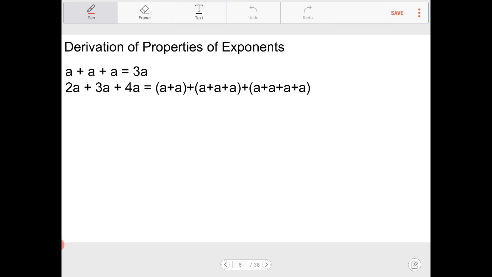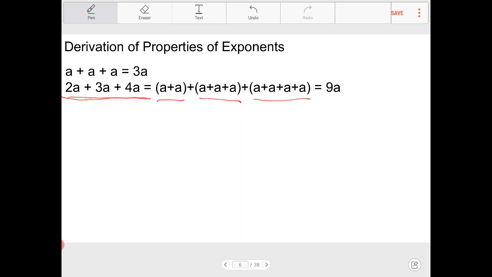Although you don't write this out, because you already know what 2a plus 3a plus 4a is. That is indeed equal to 9a. But if you were to write it out, that's what this original statement is asking you to do: you're taking 2a's, adding them with 3a's, and then adding them with 4a's. Anyway, all of this is just shorthand for re-expressing an expression.